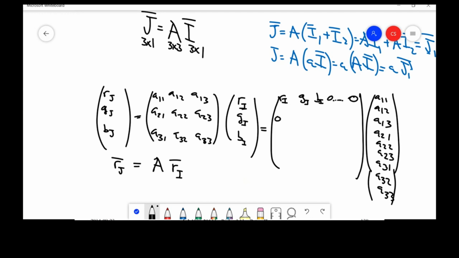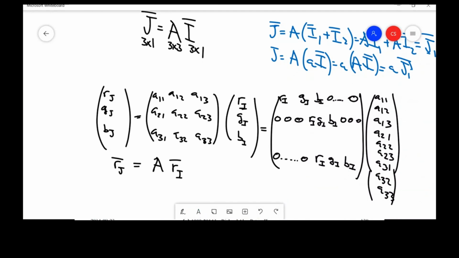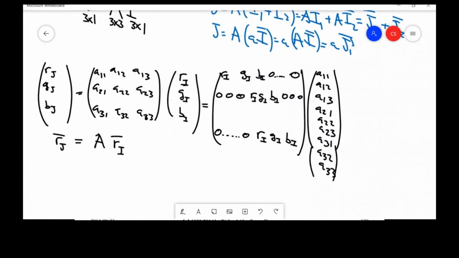So it will be 0, 0, 0, then Ri, Gi, Bi, and then 0, 0, 0. But what about the last one? The last one will be 6 zeros, so a lot of zeros, and then Ri, Gi, Bi at the end. Okay, so now I have rewritten my equation system in a way that I'm more used to.